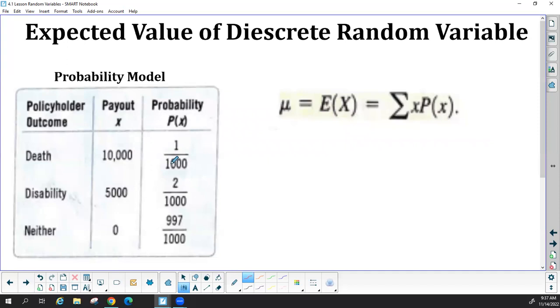And so these probabilities, you might be wondering, hey, where did you get those numbers? Well, this is from the book, and they say from past data that about 1 in 1,000 policyholders dies, about 2 in 1,000 policyholders is permanently disabled, leaving about 997 out of 1,000 policyholders that neither die or become disabled.